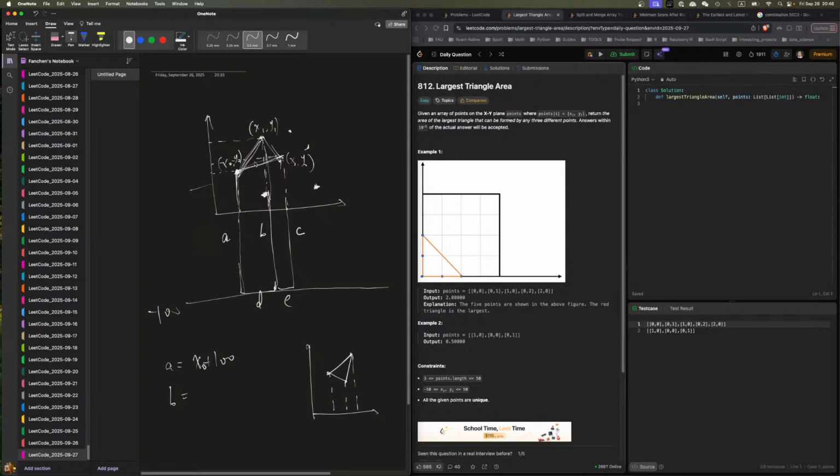Because here I'm going to take this, this, and this, and then I need to subtract this one. How do you get to this one? You can't. What in the world?